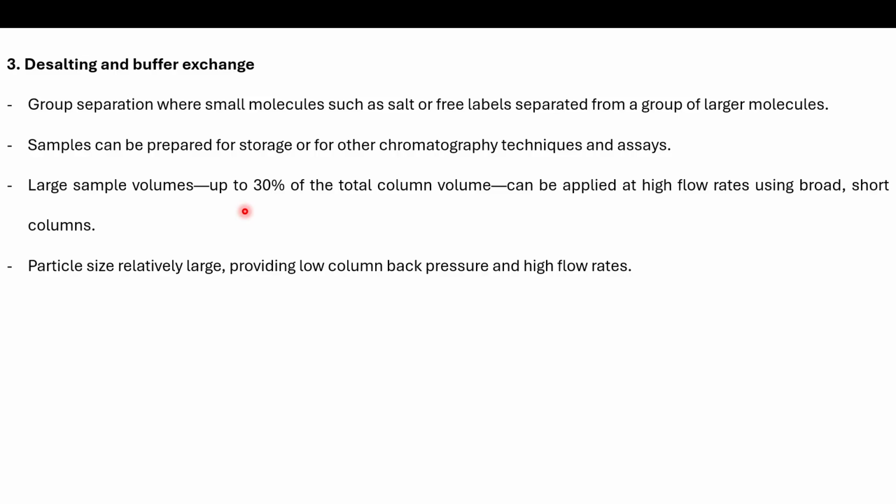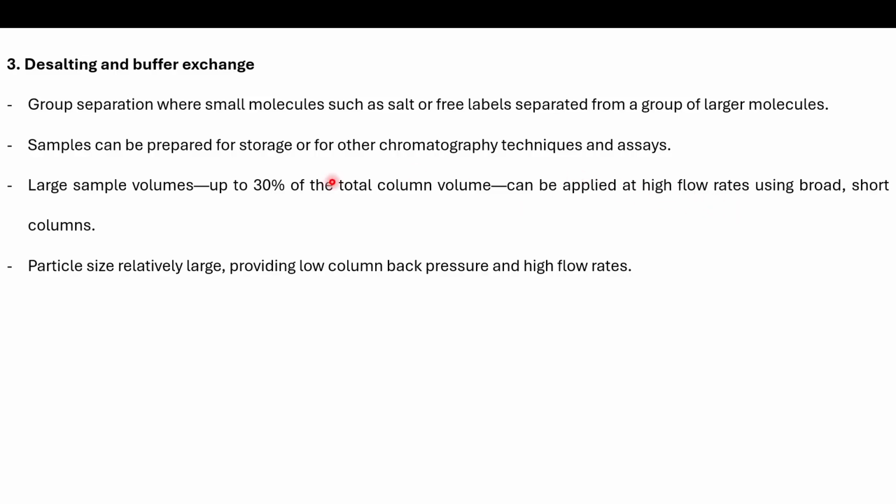Glycerol is added in appropriate amounts, usually 5 to 10%, and then it's buffer exchanged so that your purified protein is in a cryoprotective environment.